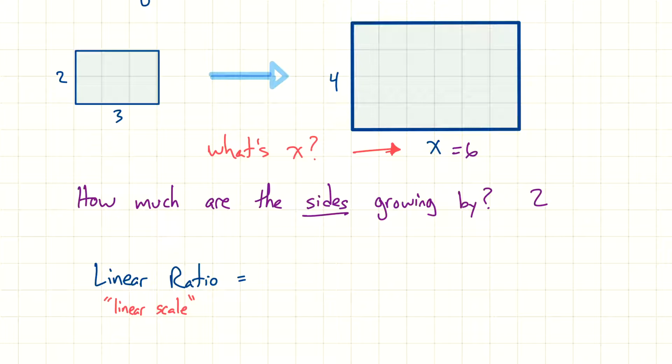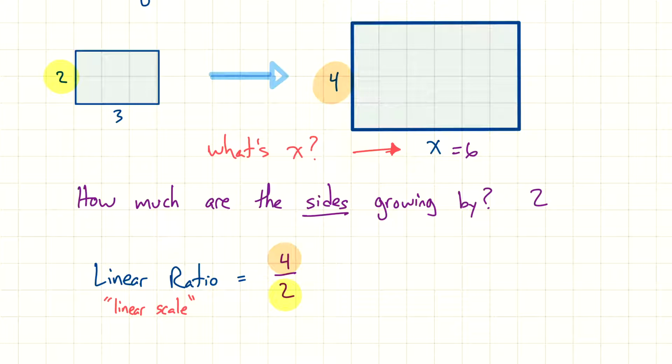If I wanted to create the linear ratio from this enlargement from the small to the big, I would take the side measurements. Let's take the 4, which is the bigger side, where we end up, and make a fraction by putting the 2 underneath it. So this 4 is on top, and this 2 is on the bottom. Here's our linear ratio.